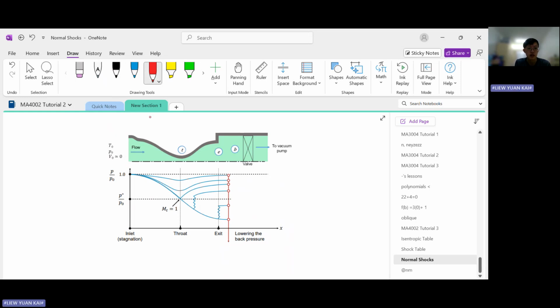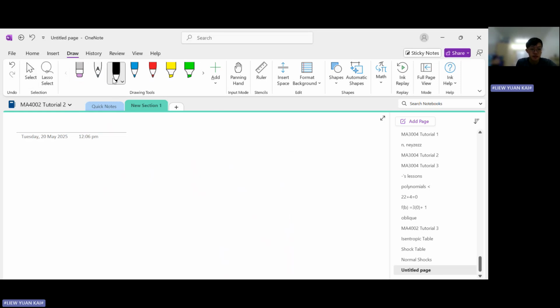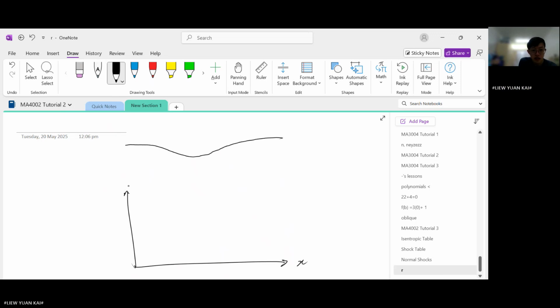This diagram is the result, but I'm going to show you step by step how we obtain this. Here we have the pressure axis and the x-axis. The x-axis just shows the location in the nozzle. So if this is the nozzle, then x is simply the location. This is one x location, this is another, and this x location is for the throat, and so on.